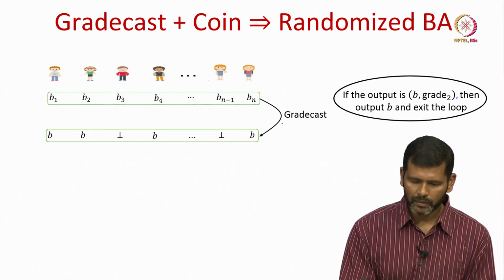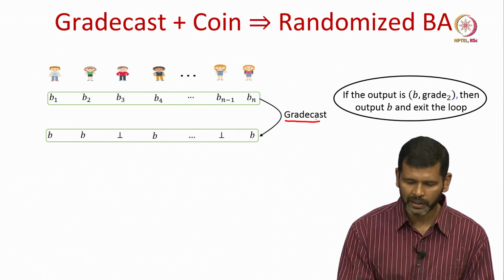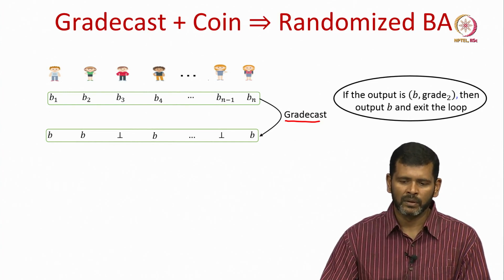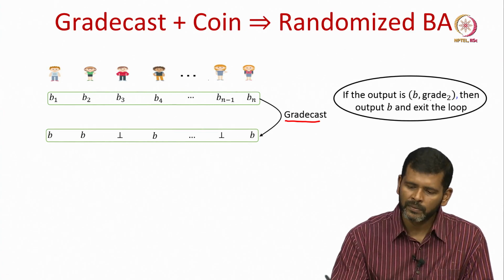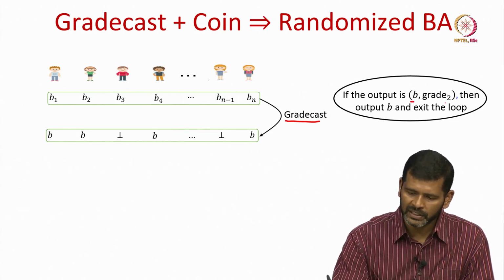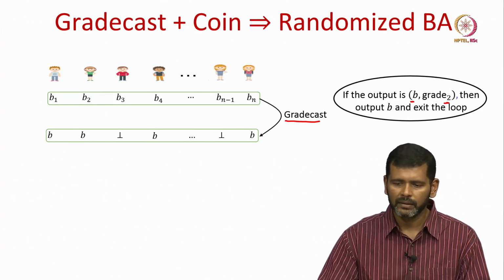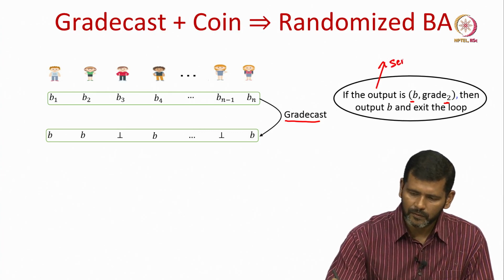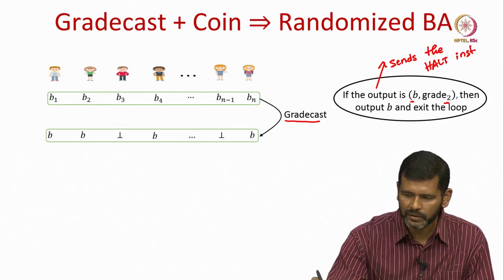So, in every iteration the parties do the following: they first run an invocation of Gradecast to check whether all the honest parties have the same input or not, and during this instance of Gradecast, if the output for any party is a bit with the highest grade, then that party decides to exit the loop and it sends the halting instruction as part of the Gradecast.